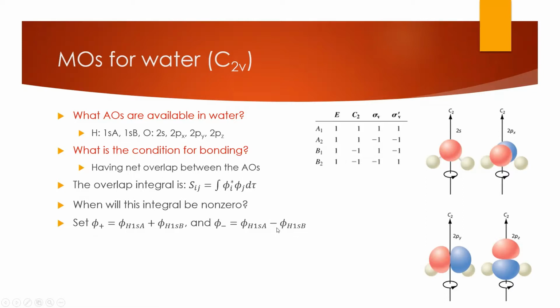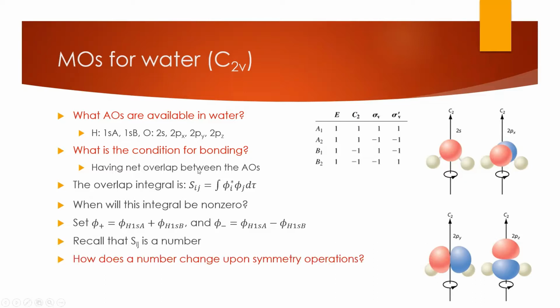And we want to say, well, what types of orbitals from the oxygen atom are capable of interacting with this? And what we need to do is figure out then what this is. So this overlap integral, this Sij, is simply a number. And so then we can ask the question, how does a number change upon doing symmetry operations?